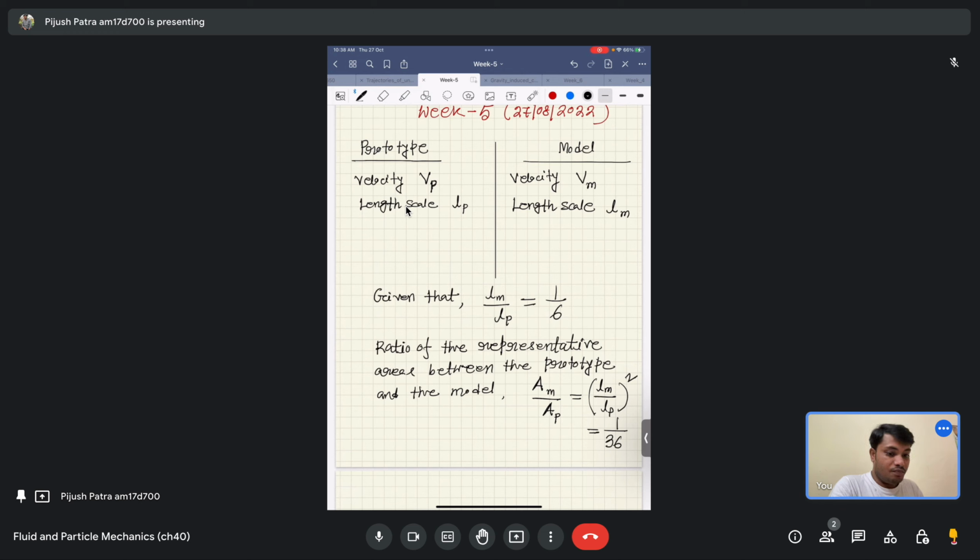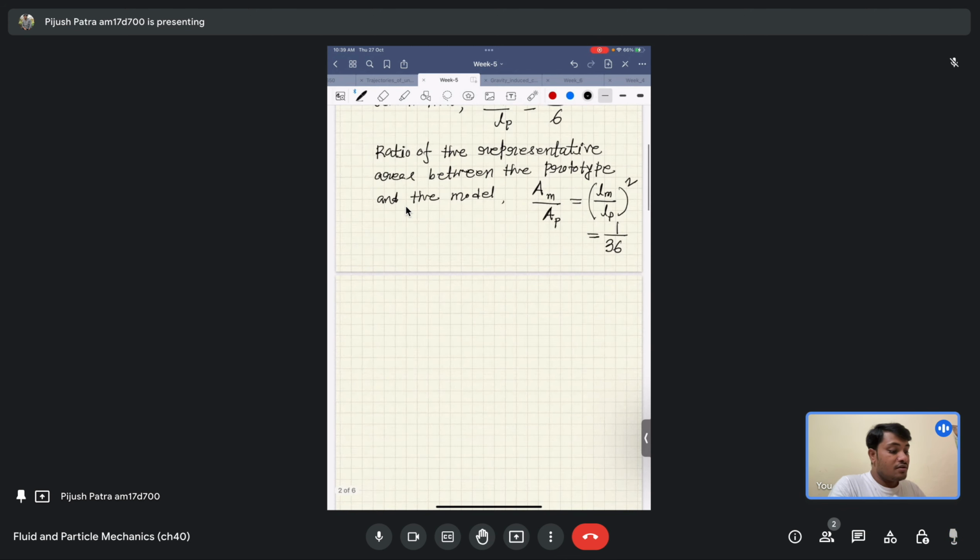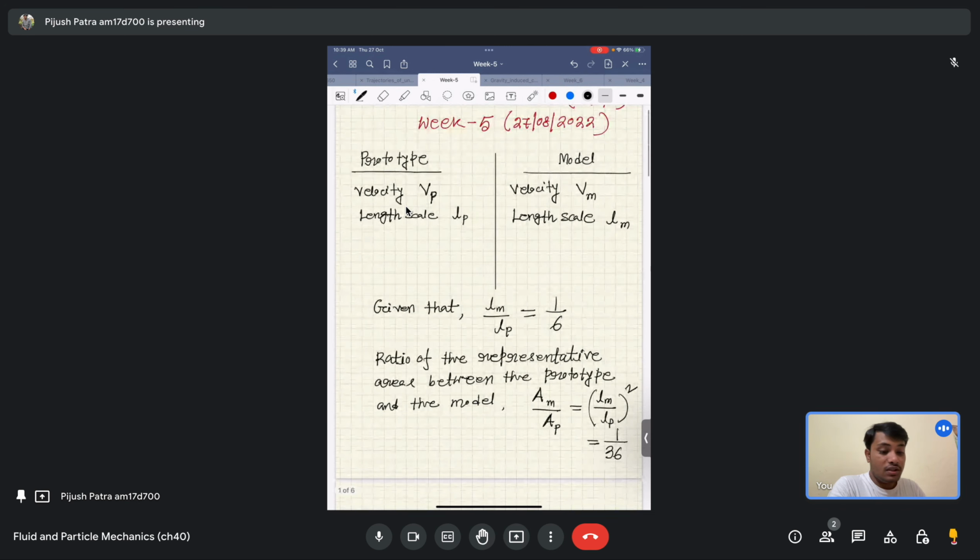So they have to obey all the three conditions. Then only we can successfully test the model in the wind tunnel with the actual prototype. Okay. And as mentioned in the question, we are only concerned about the inertial forces and the viscous forces, not about any other forces.